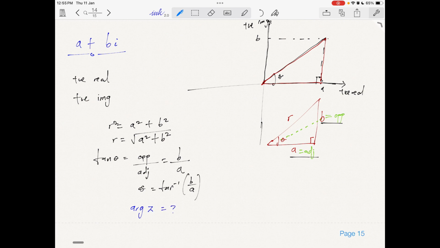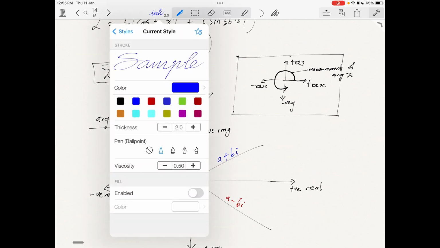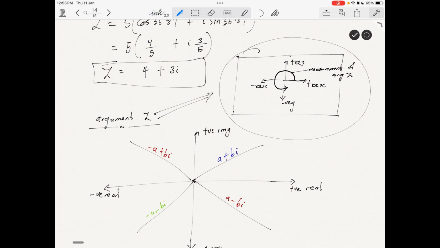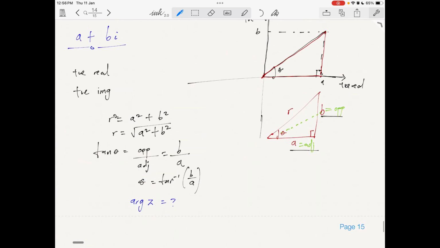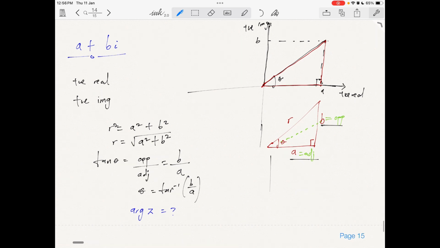Now, let's come back to argument Z here. The measurement of argument Z, as we have seen, is from the positive x-axis to where the complex number is. So we have our complex number here at this position, and this is our theta.